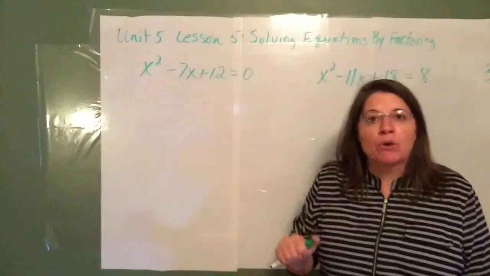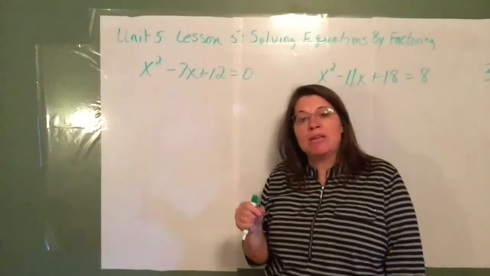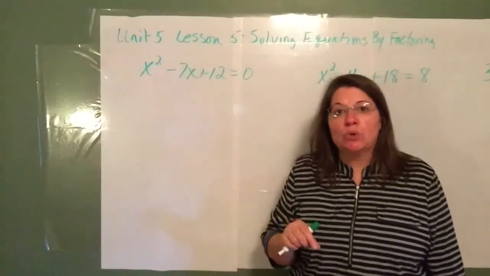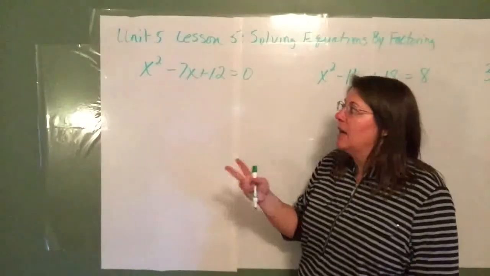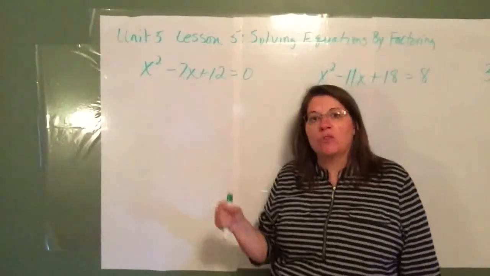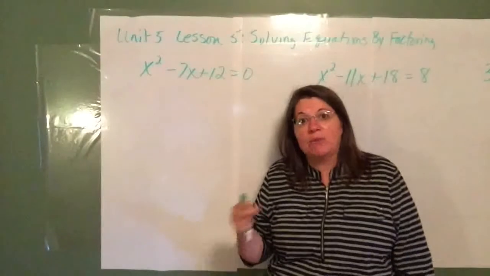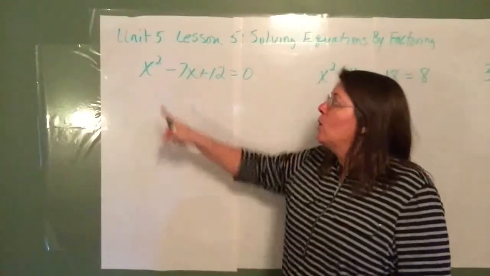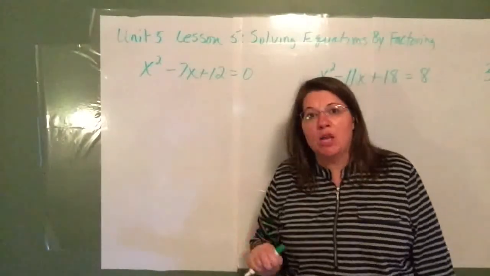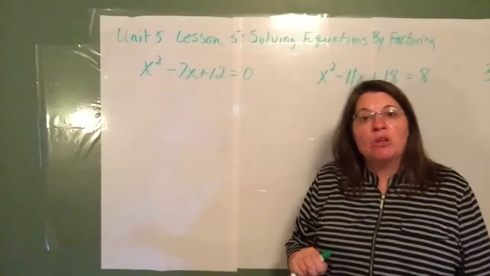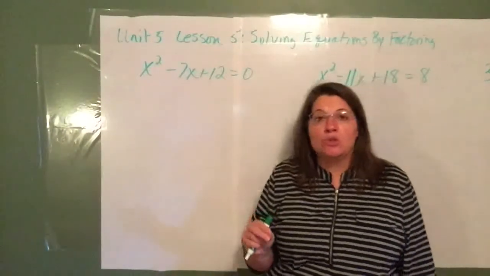And that power in your equation will tell you how many solutions you should have. Sometimes it's an x squared and your solution might be the same number twice, but still you have 2 solutions. So whatever the degree is in the polynomial that you're solving for, that's how many roots or solutions you will have.